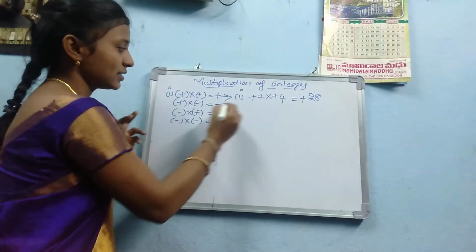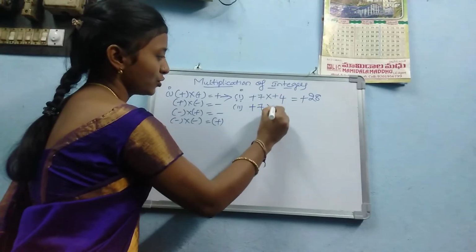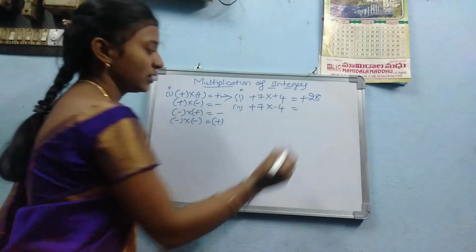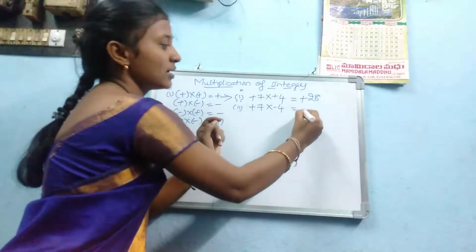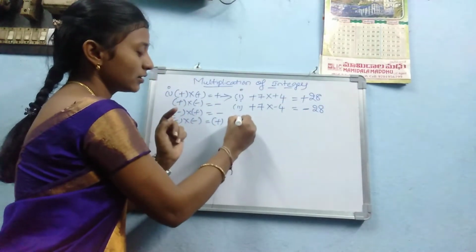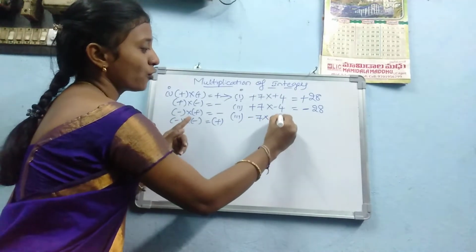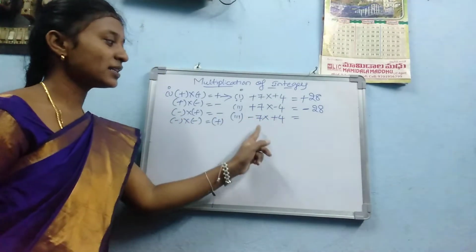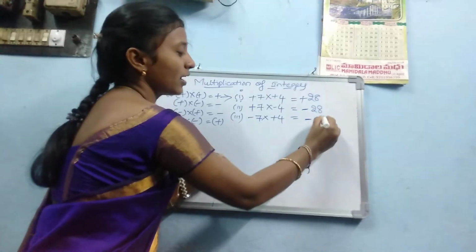Next, the second rule, plus 7 into minus 4, plus into minus is minus, 7 fours are 28. Next, minus 7 into plus 4, minus into plus is minus, 7 fours are 28.